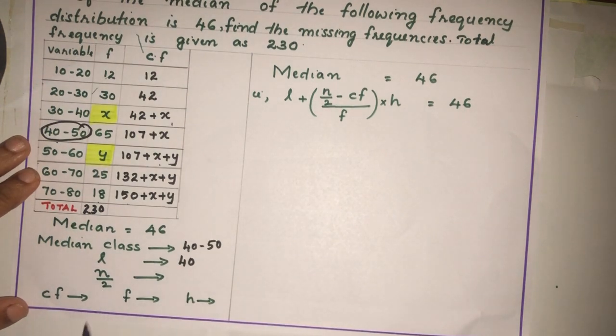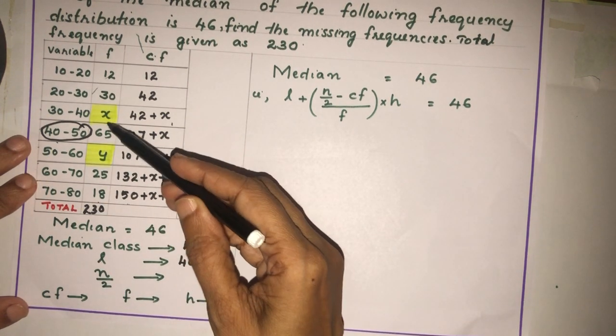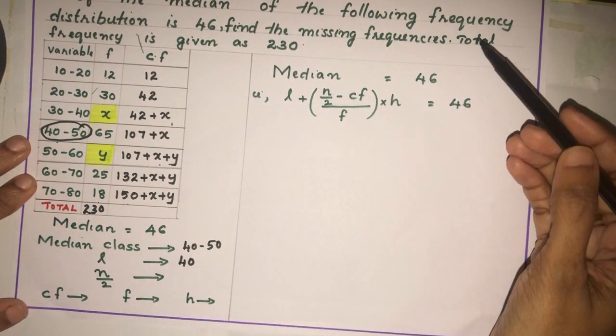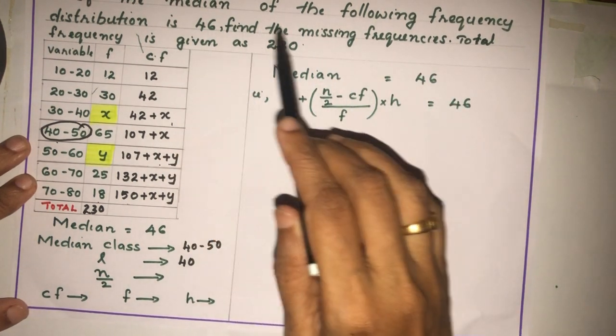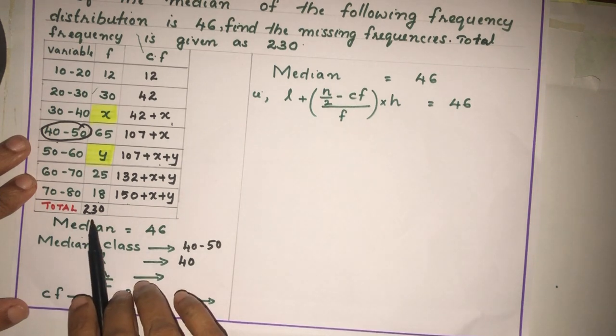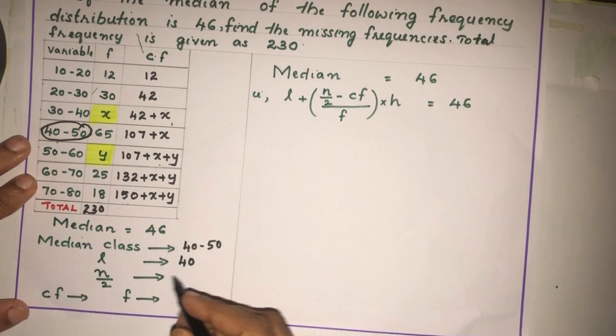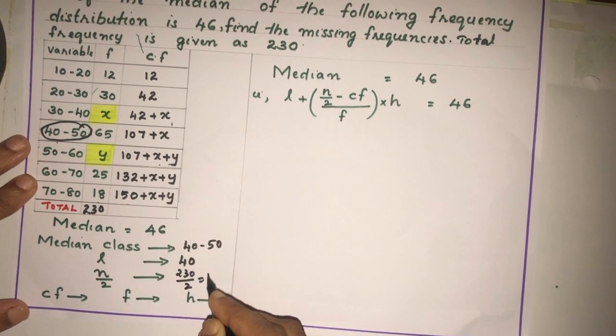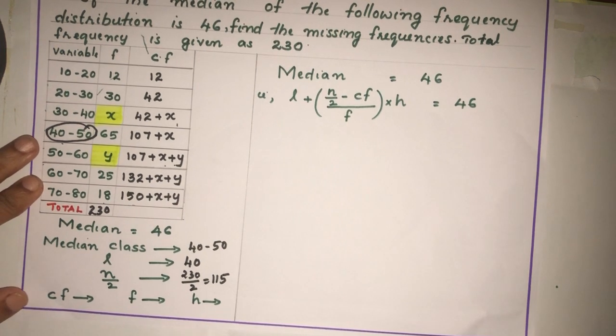Here we need n by 2. N stands for total frequency. Here we have two unknown variables. That's why they have given two data, median as well as total frequency. So here total frequency is given as 230. So it is 230 by 2, that is 115. Now what is CF?